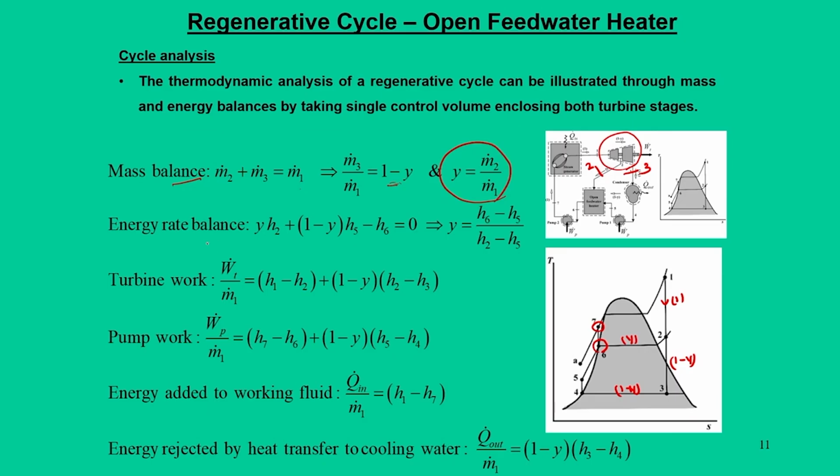Now, if you take a close look at this feed water system, we can frame this energy rate balance, and through this process we can find out the value of y. Then subsequently, in the same procedure, we can get turbine work, pump work, Q in, Q out.